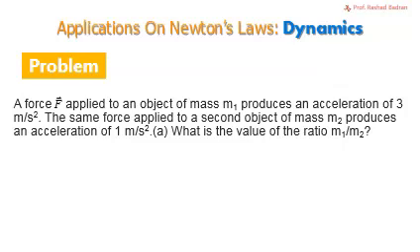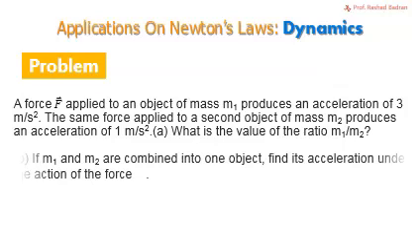A: What is the value of the ratio of the mass m1 to m2? B: If these 2 masses are combined together, what is the acceleration under the action of the same force?